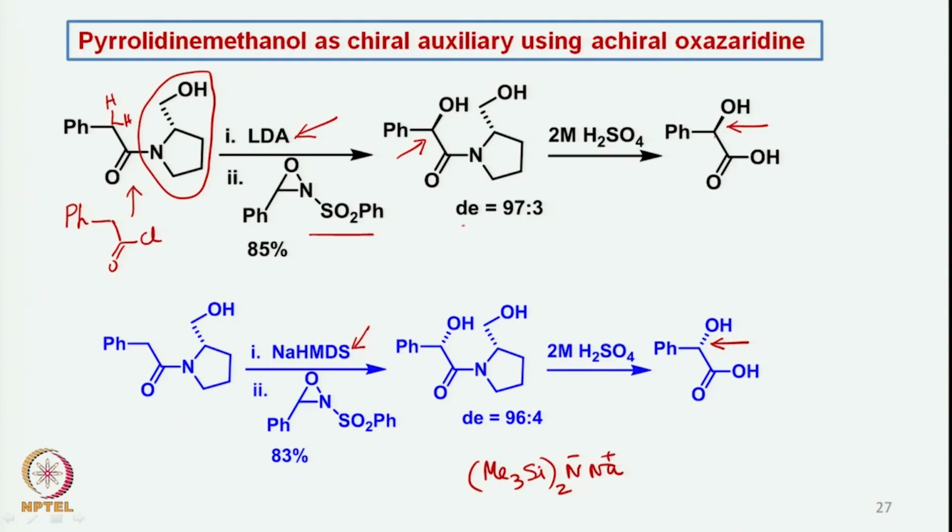In both the cases the diastereomeric excess or diastereomeric ratio is very high, 97:3 and 96:4, and the yield is also fairly good.